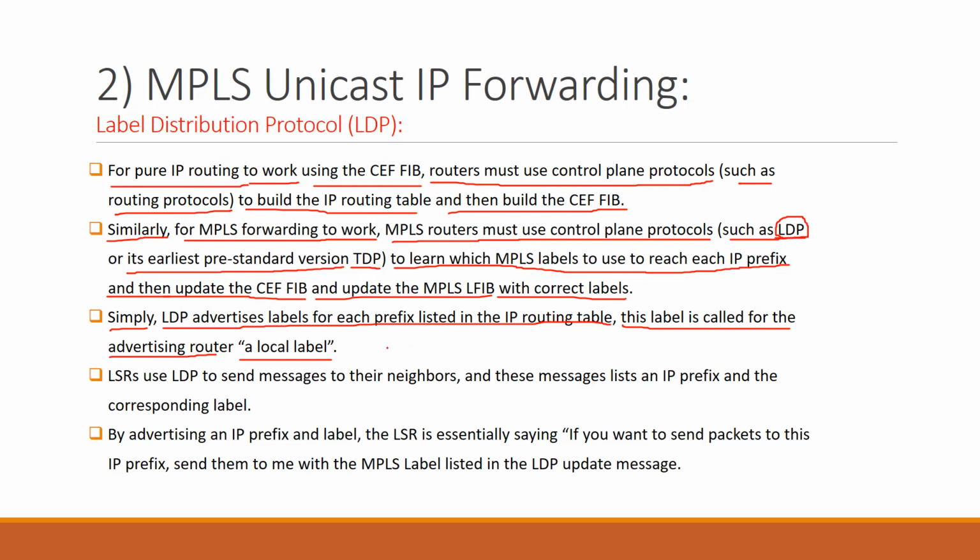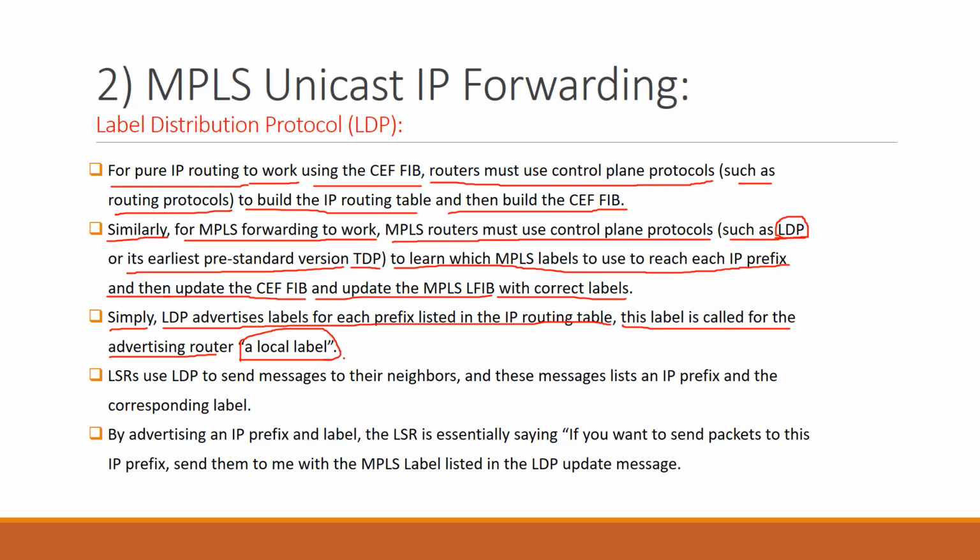It should attach a label to each learned IP prefix. So each IP prefix listed in the IP routing table should have a label attached to it. This label is called, for the advertising router, a local label.